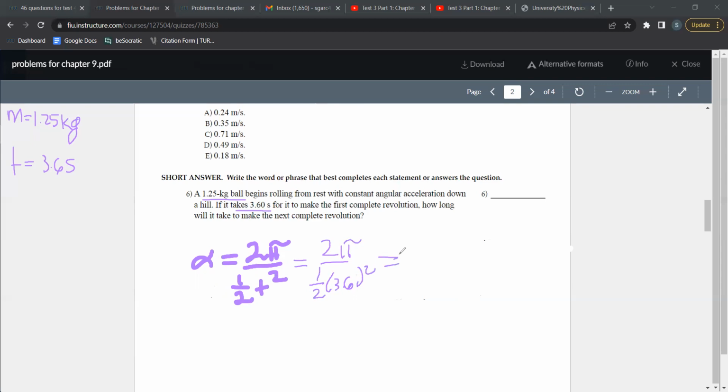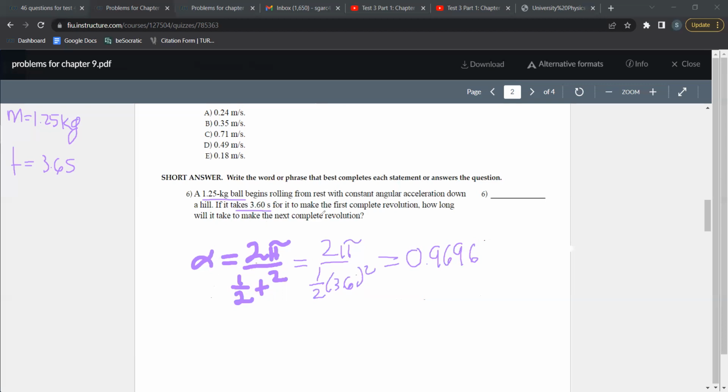I'm just going to toss that in the calculator and see what I get. Okay, it is 0.9696.